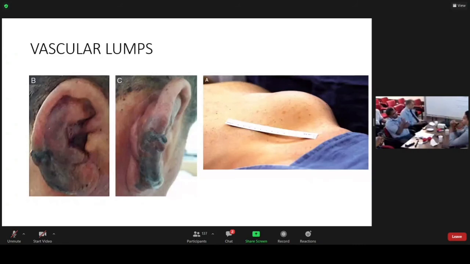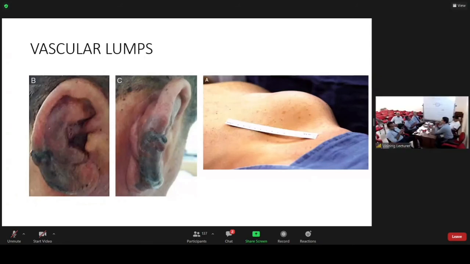So what is the transmitted pulse? If you have a normal aorta in thin individuals, you can feel a pulse pattern through it. That is normal, but it is not expansile. There is no actual lump, but there is a pulsatility feel through the abdomen. That is a transmitted pulse.